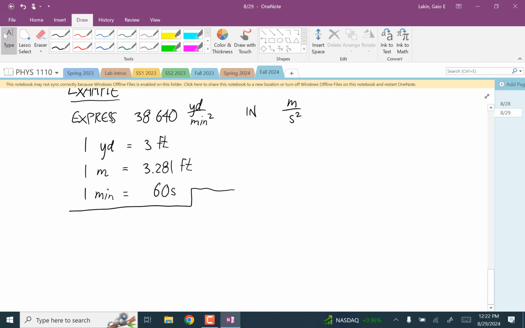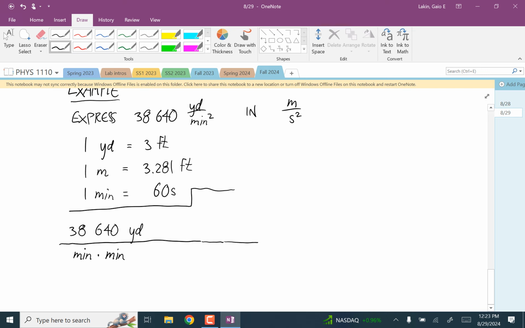Okay, so I'm going to start with my given value, 38,640 yards, divided by minutes squared. And instead of writing it as minutes squared, I'm going to write it as minutes times minutes. That's what I'm always going to do when I have a unit that's squared or cubed. I'm going to write it out as times.